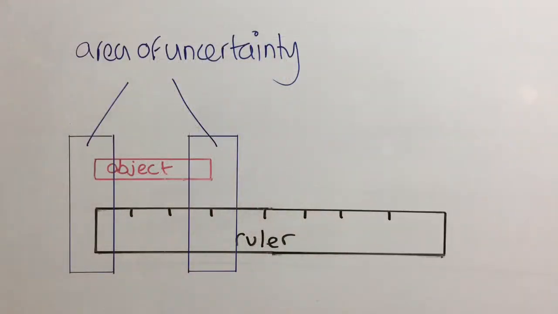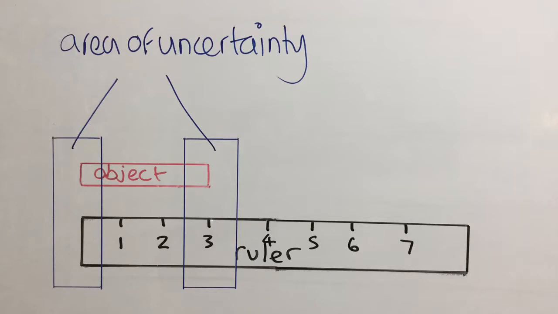Let's consider a ruler, and the smallest division on this ruler is 1 centimetre. In other words, it has a resolution of 1 centimetre. So I carefully place the 0 end next to my object, and I'm going to read off the scale to take my measurement. But using my scale, the object could be anything from 2.5 to 3.4, and I would still say that it was 3 centimetres long.